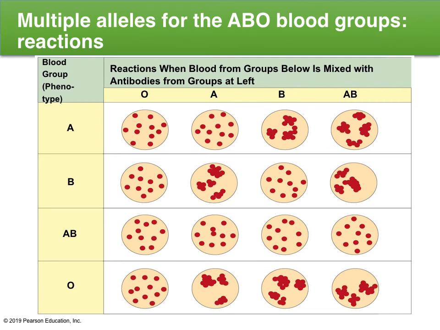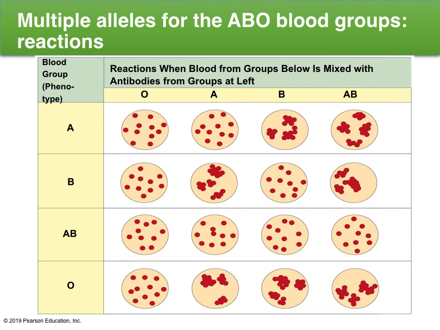Now, there are other elements to matching blood. You know, there's Rh, there's all sorts of other factors. But just with regard to ABO type, a person who has AB red cells has neither anti-A nor anti-B. So theoretically, they can receive anything. We talk about O being the universal donor.